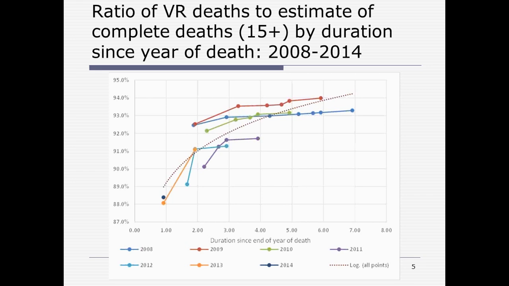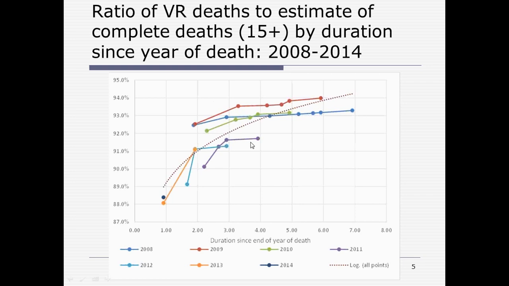What's measured on the x-axis is duration since the calendar year of death. So you'll see over here, it took about 2 years before they released vital registration data, and then in the more recent years, they've tried to accelerate that until it's 11 months now, when the first reporting of the death happens. And then you have late registrations coming out with each new report.